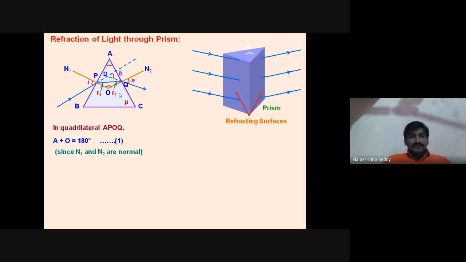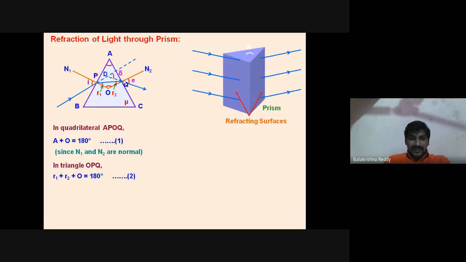Next, from triangle OPQ, the sum of the angles in a triangle gives us 180 degrees.